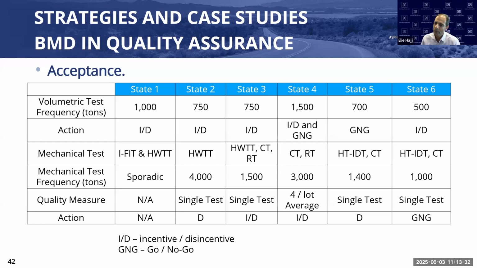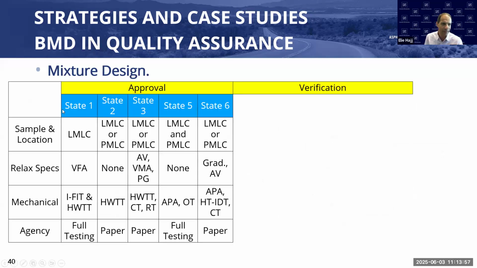Very good, thank you. The next question is really based on whether the BMD test should be conducted on plant-produced mixtures or on cores. If I can rephrase this a little bit, because I think on slide 40, Tim, you talked about the approval process, and some states use lab made, lab compacted, or plant made, lab compacted.